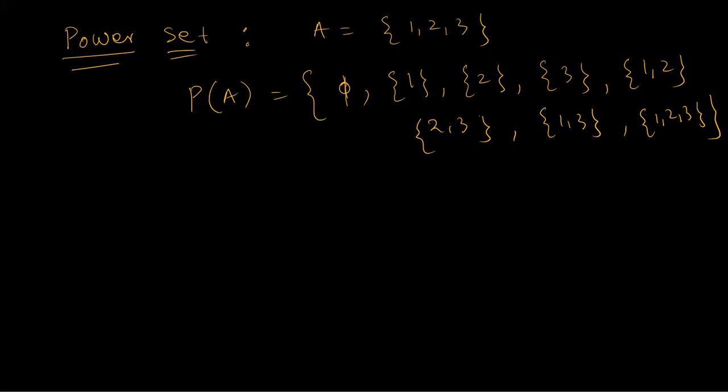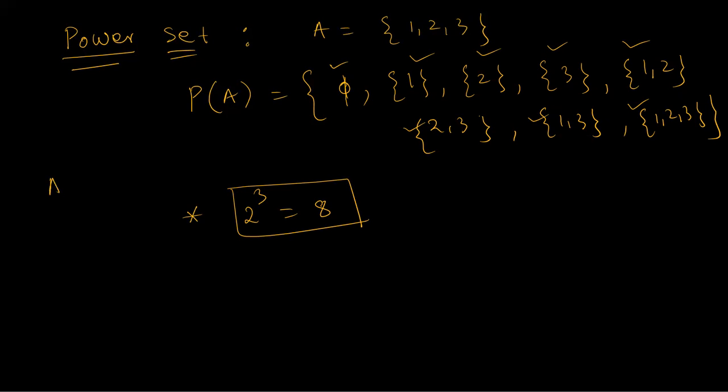So how many elements are there in the power set? 1, 2, 3, 4, 5, 6, 7, and 8. How many elements are there in the set A? 3. So how many possible subsets did we get? 2 to the power 3, that is 8. So we have noticed, if the set A has 3 elements, that is the cardinality of A is 3, then the possible subsets of the set A will be 2 to the power 3.